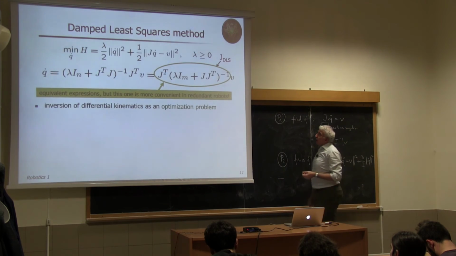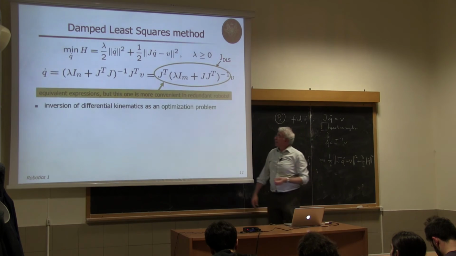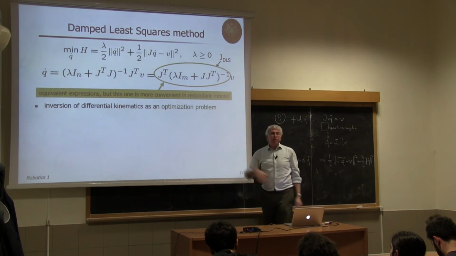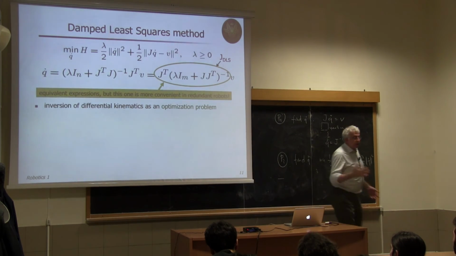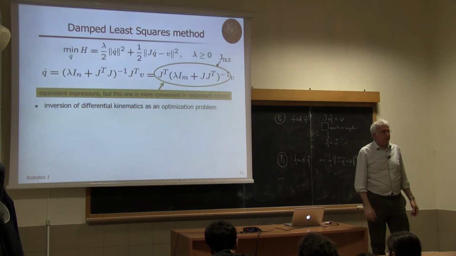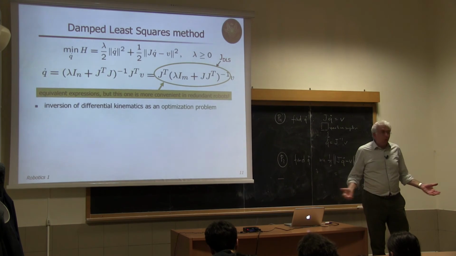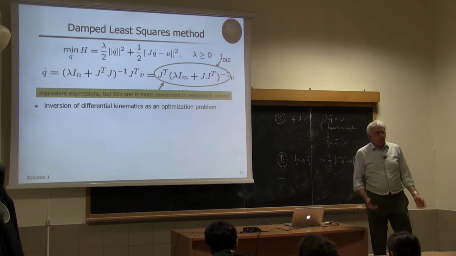Okay? Of course, there's a price to pay. What is the price? That you will likely have a smaller joint velocity than just by inverting the Jacobian, but you may accept, or you need to tolerate, also some Cartesian error, because this is the trade-off.